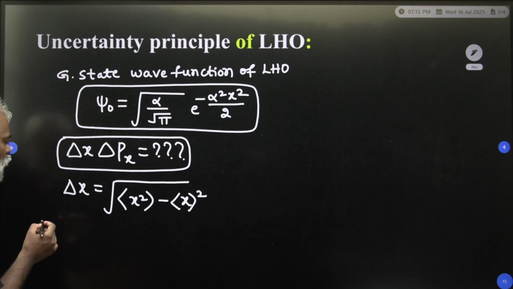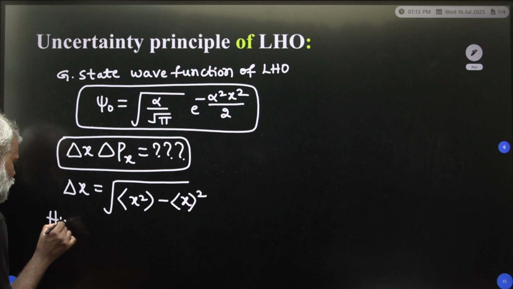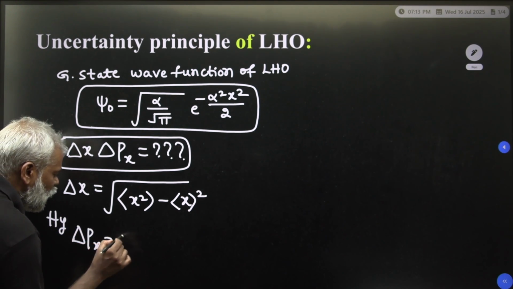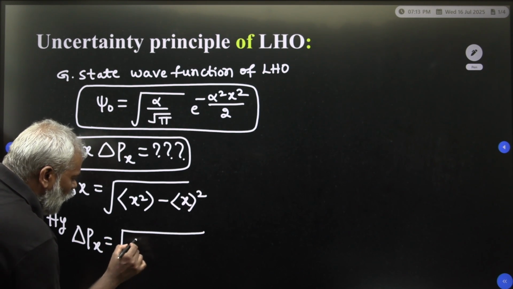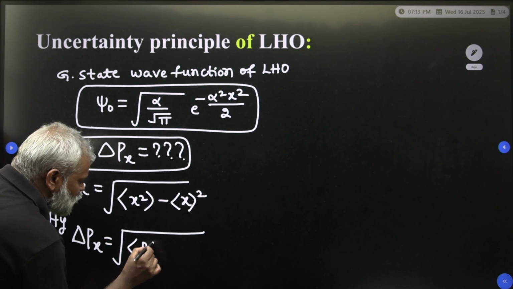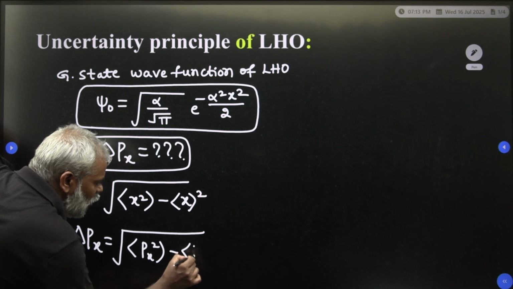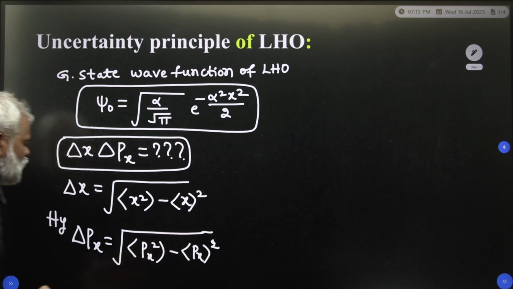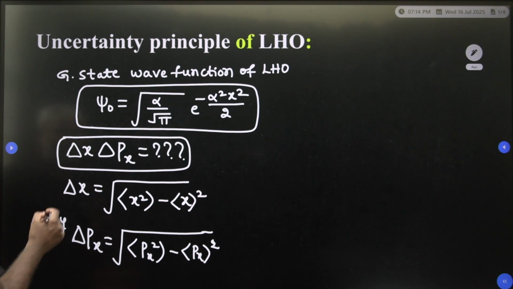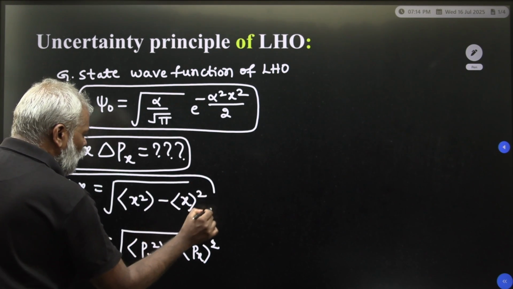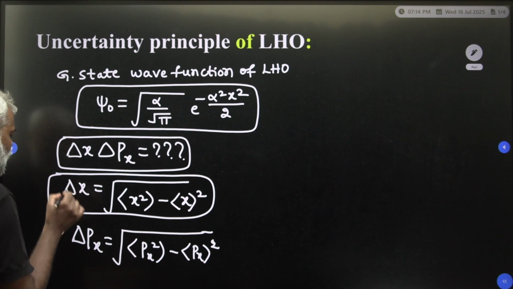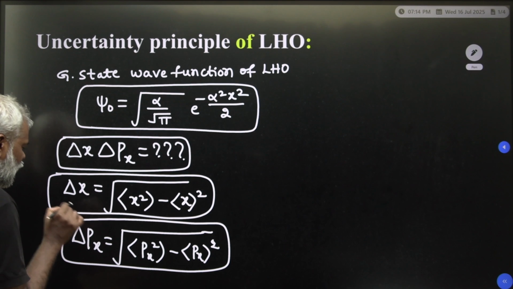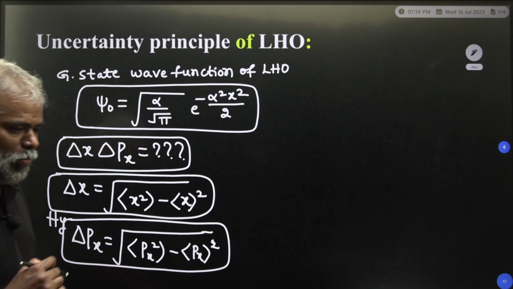Similarly, delta px is equal to the square root of mean px square minus mean px whole square. The first one you have to take as the uncertainty in the position, and the second one as the uncertainty in the momentum.